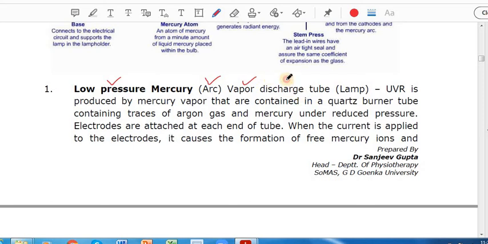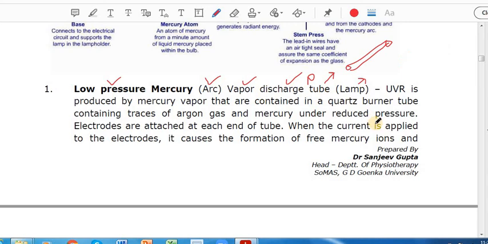Discharge because the photonic discharge, or the discharge of energy in form of electromagnetic radiation, is there, so we call it a discharge. Tube or a lamp is a simple tube basically because the shape is like a tube. Finally you will find that normally these tubes are like this, so we call it tube, or you can call it lamp if the shape is of lamp kind or a bulb kind. So if this is the shape, you can call it a mercury discharge lamp, or a mercury discharge tube.